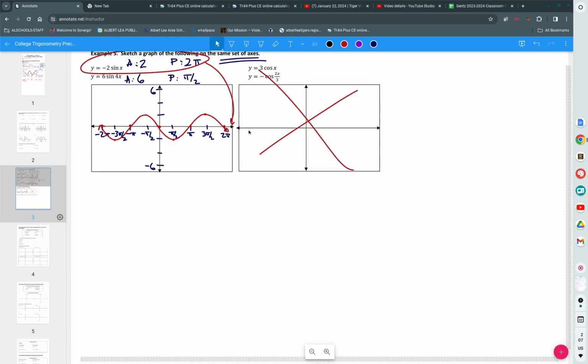Okay, so next part is where people got a little bit confused. So I'm going to graph 6 sine of 4x. So where do I start? I start at the middle because it's a sine function. Am I going to start by going up or down? Up. Now here's the deal, folks. I have to complete a full cycle by the time I reach pi over 2.